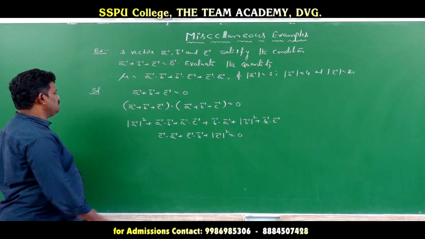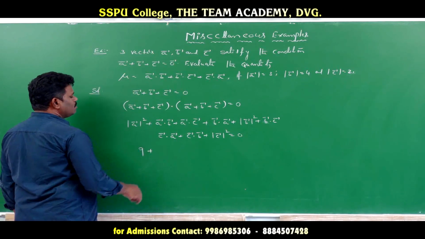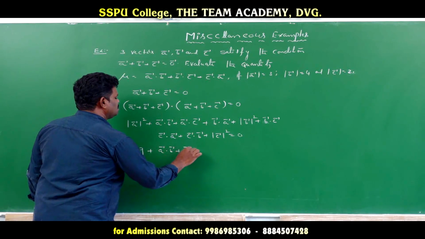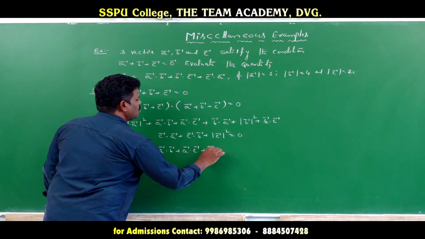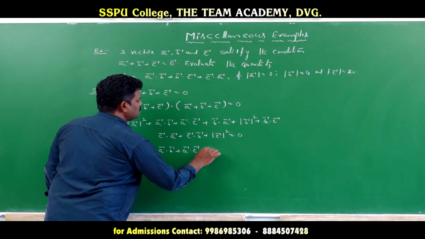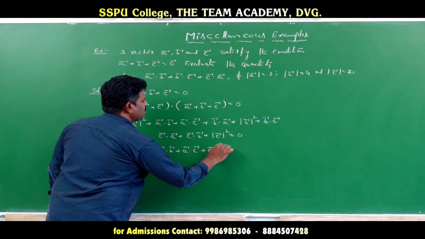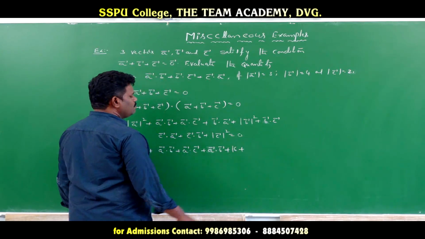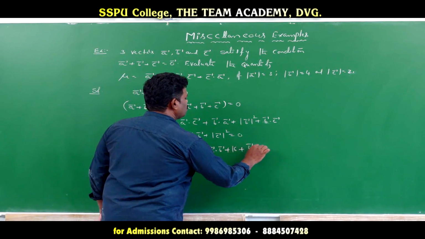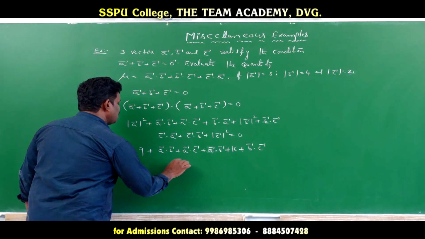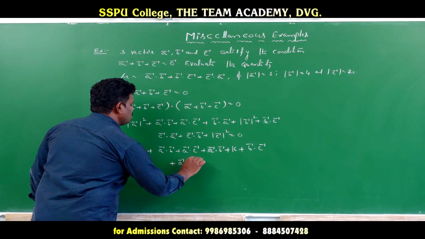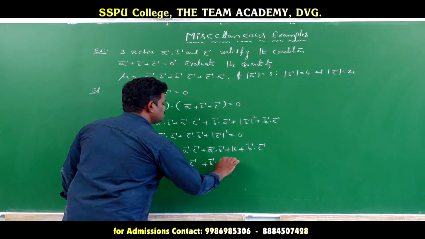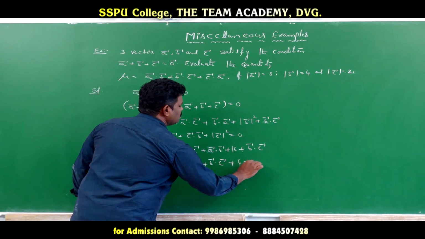Magnitude of A is equal to 3, so that's 9, plus again here A bar dot B bar, A bar dot C bar, plus B bar dot A bar, if you interchange this using the commutative property, A bar dot B bar, plus B square is equal to 16, plus B bar dot C bar, plus again by the commutative property C bar dot A bar, plus B bar dot C bar, plus 4, is equal to 0.